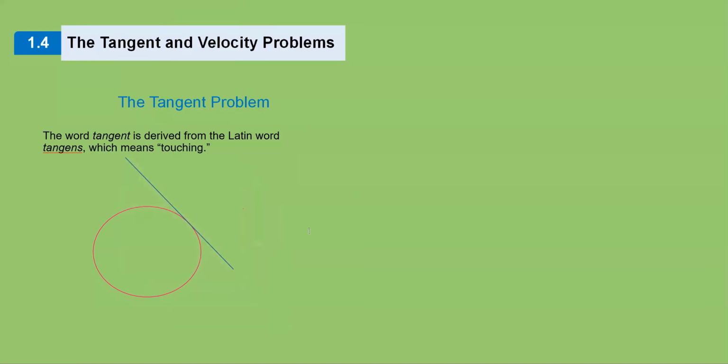So this blue line is called line L, and the point where the line and the circle touch is called point P. So we can say that the line L is tangent to the circle at point P.